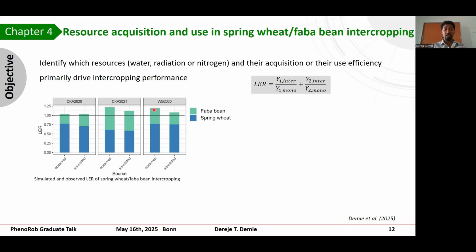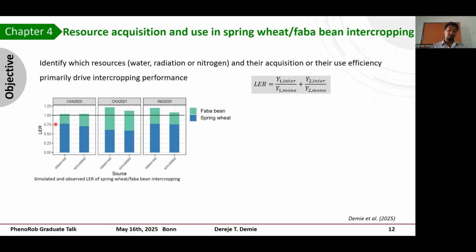When we see these figures, different meta-analyses have shown that intercropping has higher land use efficiency compared to monocultures. For example, this is from our own study, from a mixture trial, from simulation and observation in three environments.